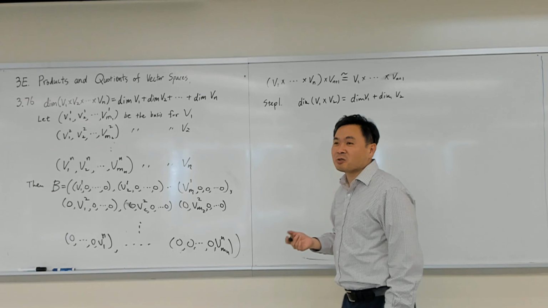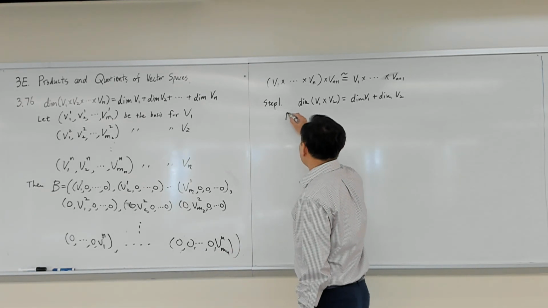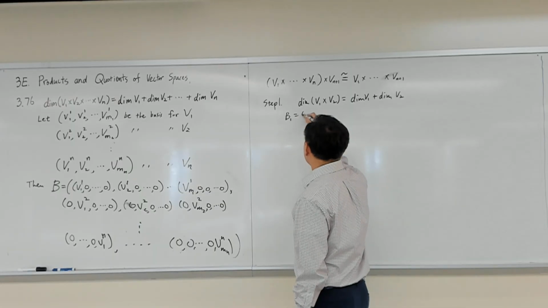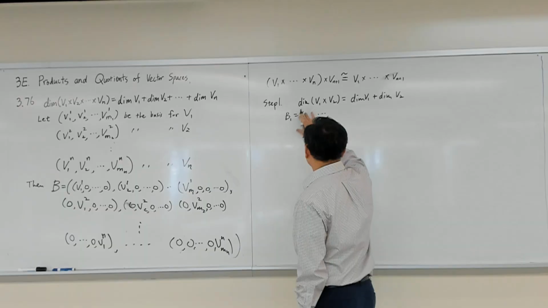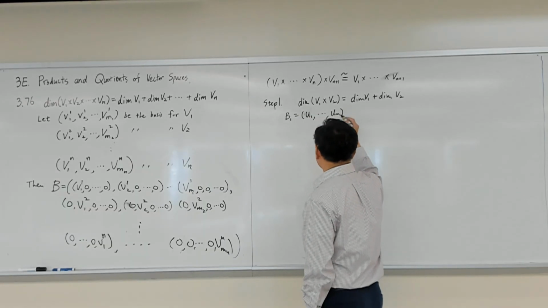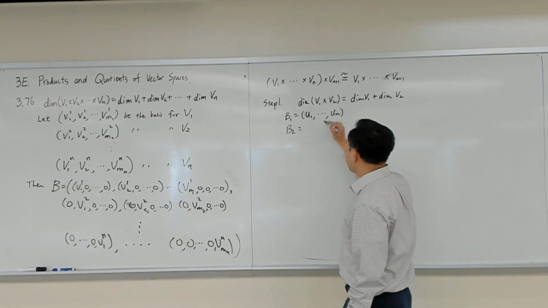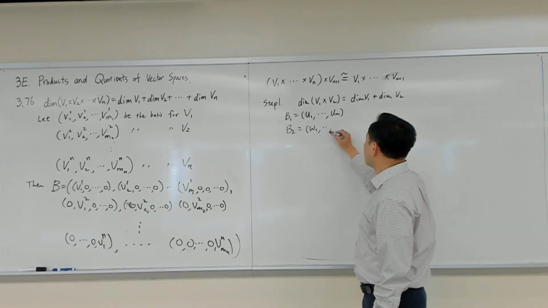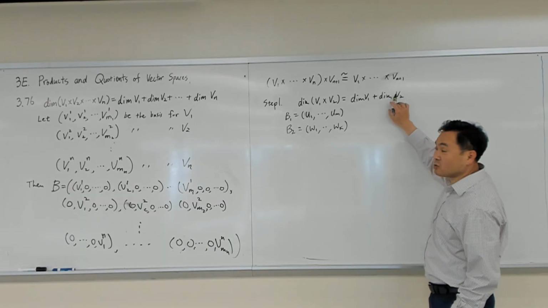And for this one, the notation is simpler because let's say the basis for V1 is U1 through UM, and then B2 would be the basis for the second one, which is W1 through WK, where M is the dimension of V1 and K is the dimension of V2.